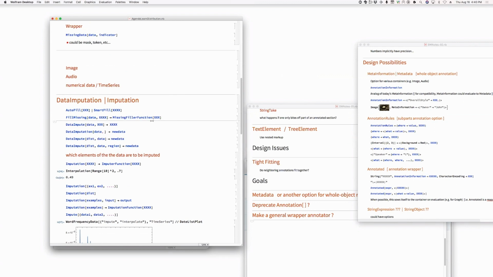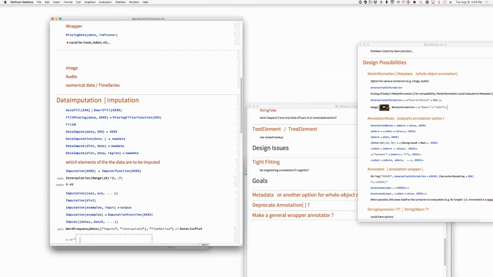What's the other case that we need? We need one that is going to return. We need the fill missing for a bunch of data where it's self-filling. So yes, exactly.